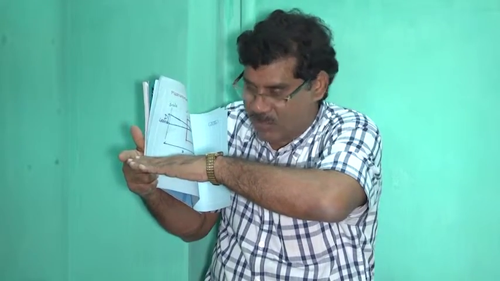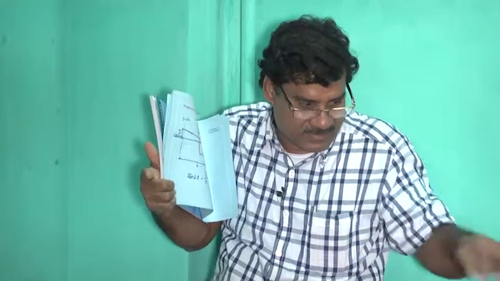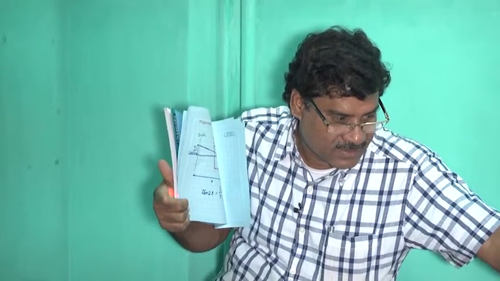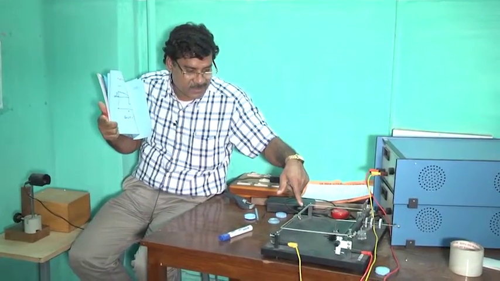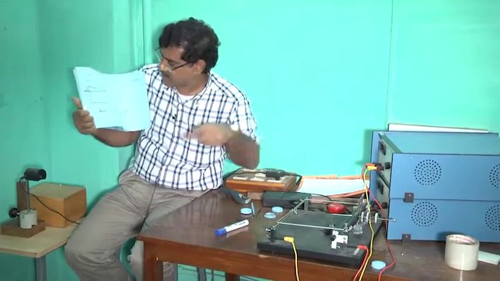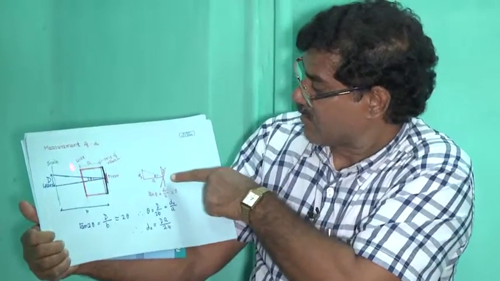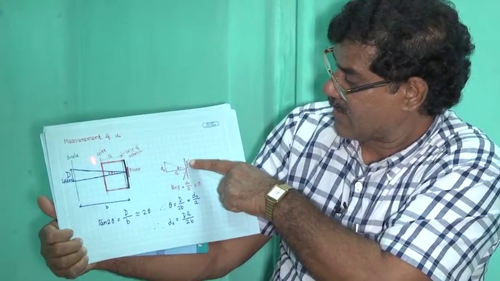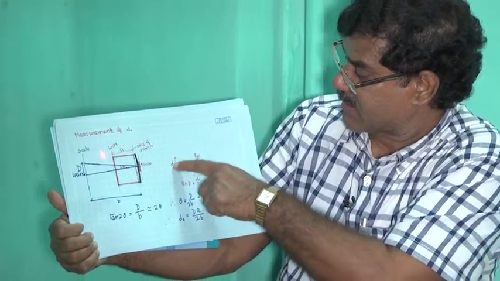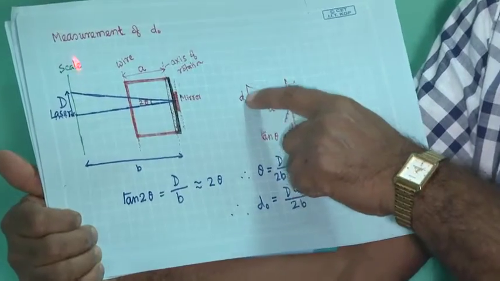So tan theta will be d0 by that distance, this arm distance, the distance from the axis to the top wire. If this is a, here the mirror is rotated by theta, right. So this distance is a, then this is d0.